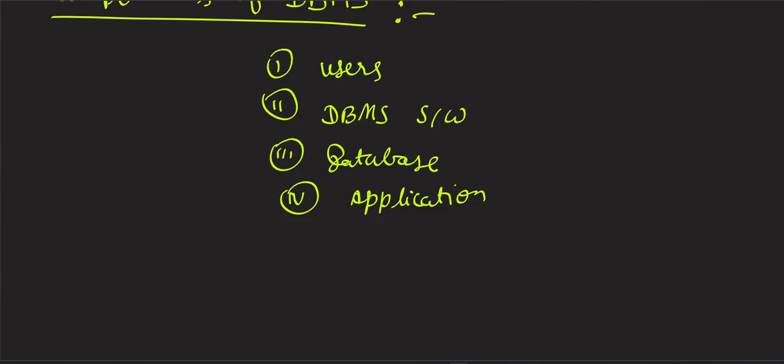The third one is the database, which is a collection of the data stored on the storage device. And application means a program that interacts with the database management system to perform some task. So these are all four components of the database management system.